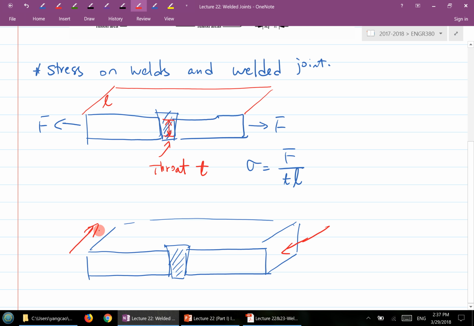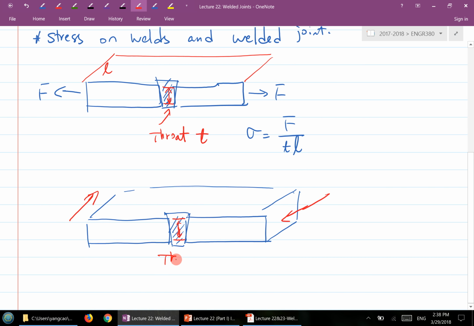For this case, you do very much the same thing. You also look at the throat area, which has a throat T. The throat area is the cross area at this location. In this case, what you have is a shear stress, and formula-wise, it's the same as the normal stress.